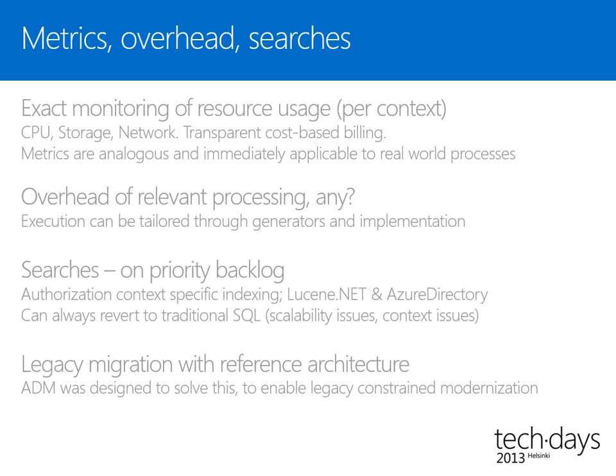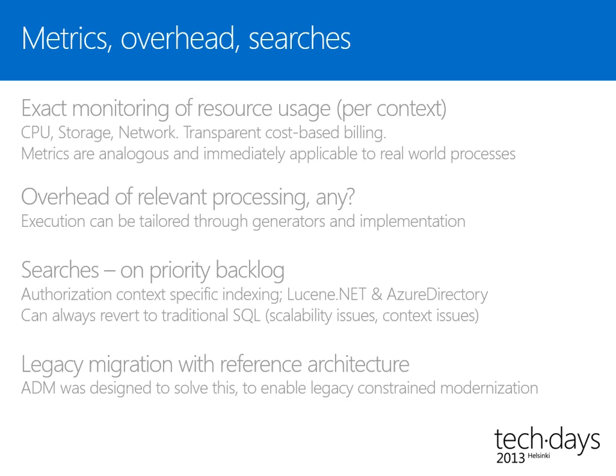Searches. You didn't see any searches in this demo. Why? Because they are on the priority backlog. Right now, we can easily do authorization context specific indexing through the traditional SQL Server, even in SQL Azure.